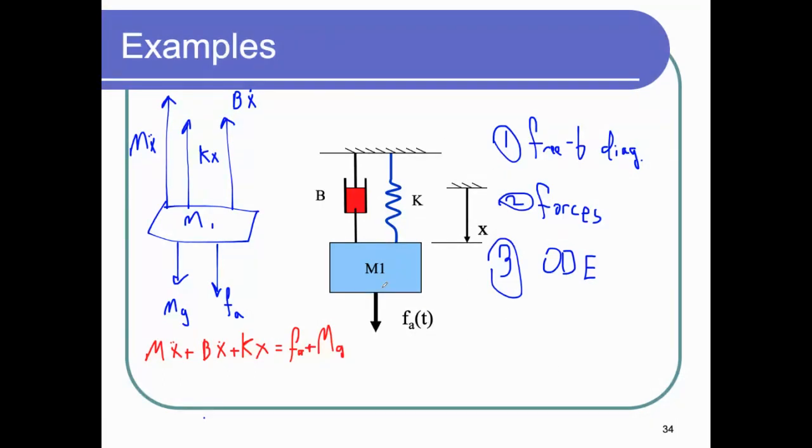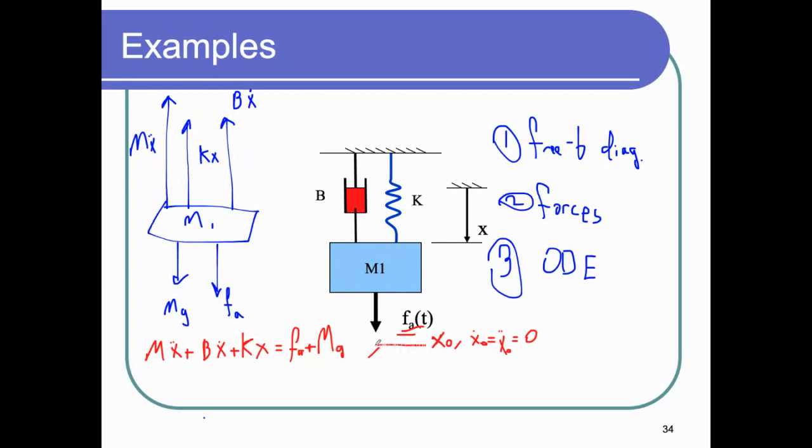Let's say I have an equilibrium position x naught. This is the starting point of the system, and I want to measure the effect of this extra force on that x naught. Then x naught dot is equal to x naught double dot is equal to 0. Why? Because it's a fixed point, it's a constant, so its derivative is 0.